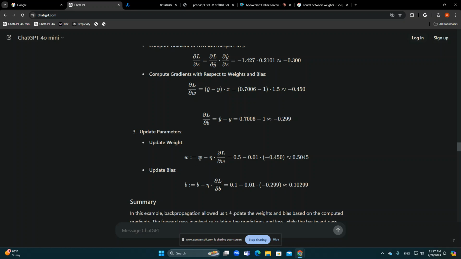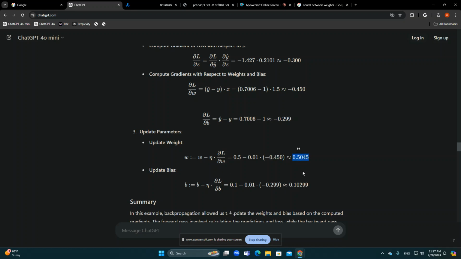We're taking the weight and subtracting n, which is the learning rate, times the derivative of the loss function with respect to this w. We have now only one w because it's a very simple example, but you could also have many weights, many w's. So here we apply this and get the result, which is our new w minus learning rate times the derivative of L with respect to w.